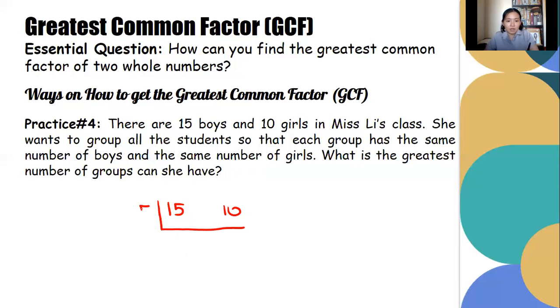We have a common number 5. 15 divided by 5 is 3. 10 divided by 5 is 2. So our GCF is 5. The greatest number of groups that she can have is also 5.